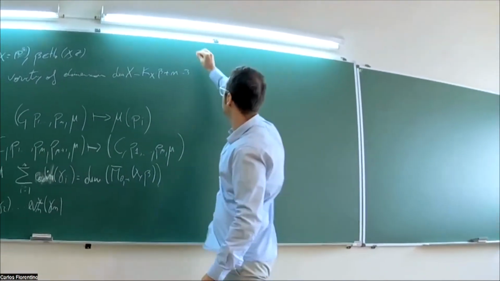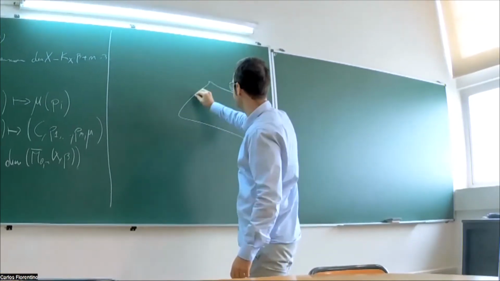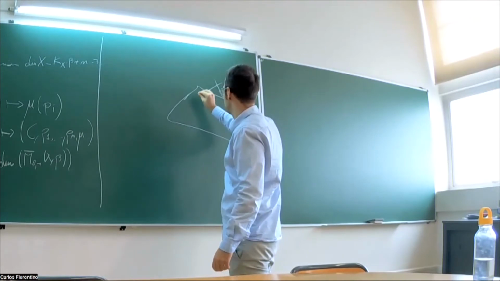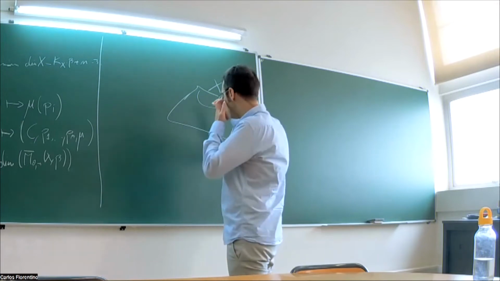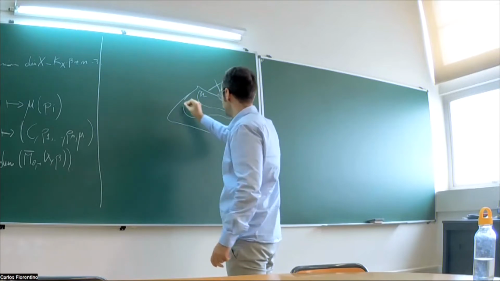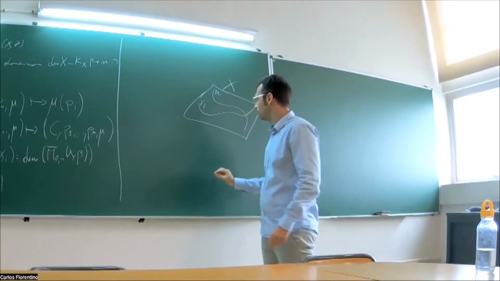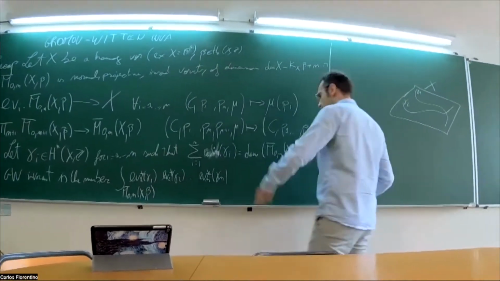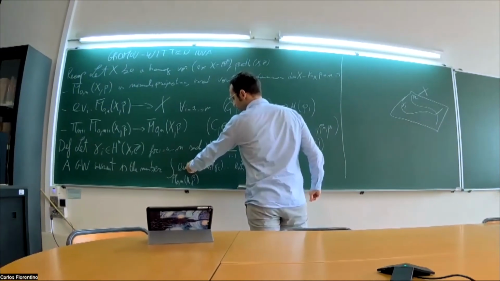What does it mean geometrically? So imagine that we have our X, and we have these cycles. So this is gamma 1, this is gamma 2. So ev_1 star gamma 1.